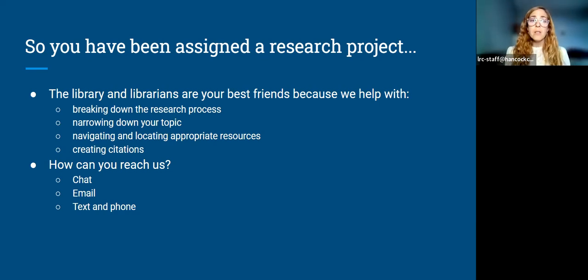The other thing is navigating and locating appropriate resources. Appropriate can mean either because of the subject or because of your instructor's request. Perhaps you've been assigned an assignment that requires you to use newspapers or articles from the last 10 years. We can help you navigate databases and resources that apply to those requirements. We'll also be helping you with creating citations. There are lots of great tools with databases.